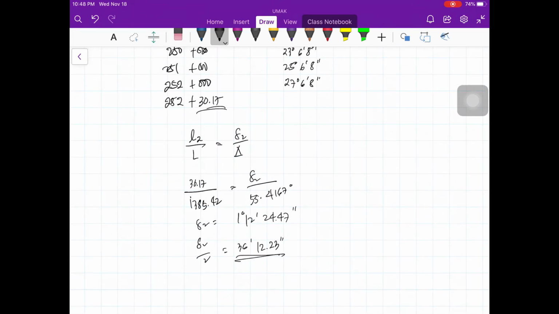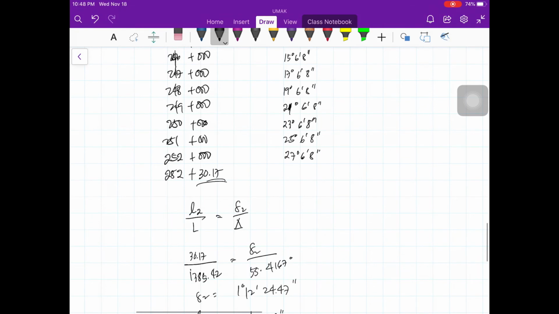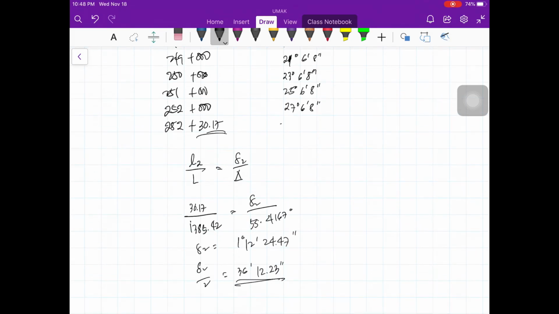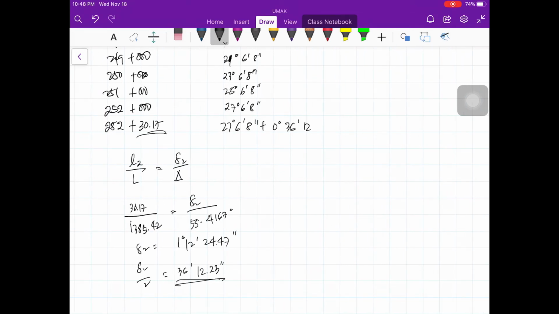So meaning to say your gamma all over 2 is the value of deflection angle at station 252 plus 330.17 is 27 degrees 6 minutes and 8 seconds plus 0 degrees 36 minutes and 12.23 seconds.